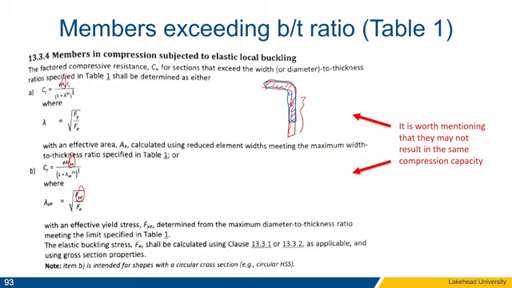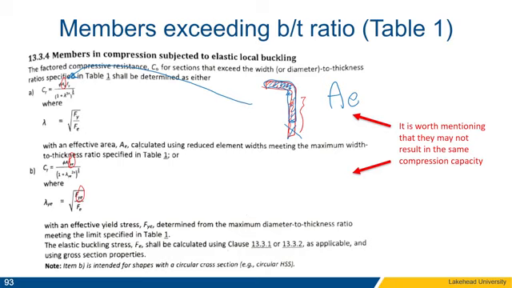We will just use a reduced section and a smaller area. So you will ignore this part. In that case, you are working with an effective area, and that effective area will only be used in that very equation. Everywhere else, it is not included.